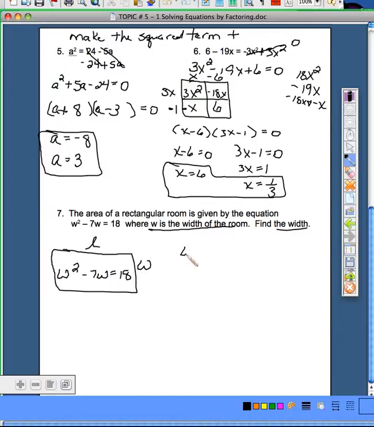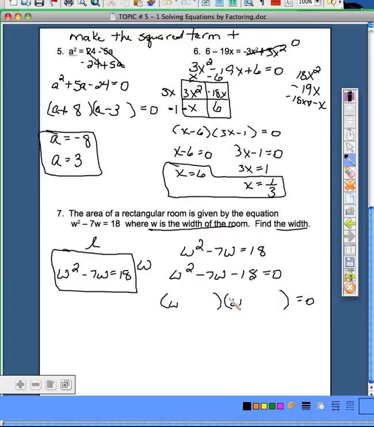Okay, so we have w squared minus 7w equals 18. Again, I need everything equals 0, so I'll rewrite that. W squared minus 7w minus 18 equals 0. Then I'm going to factor it, solving it just like we did all these other problems.